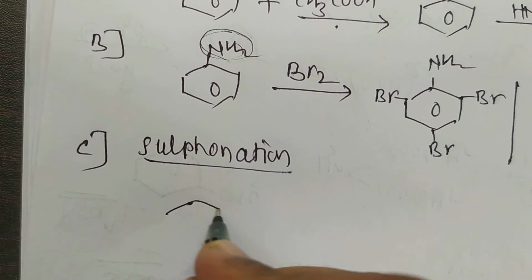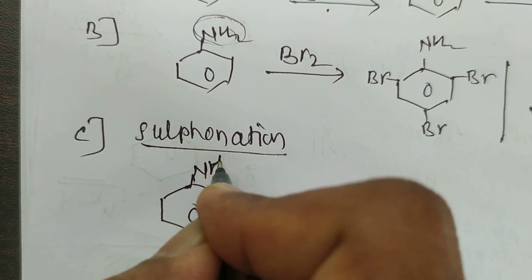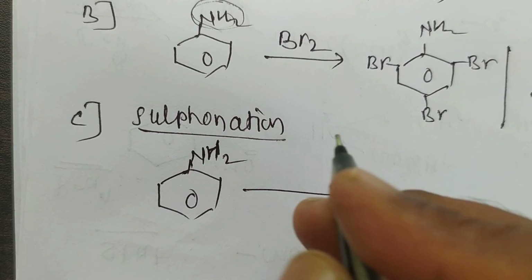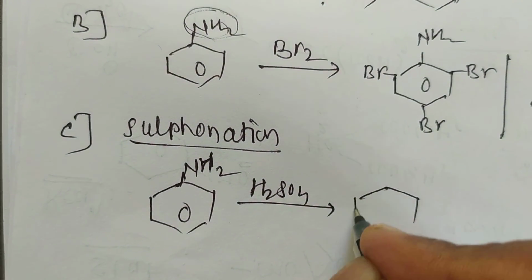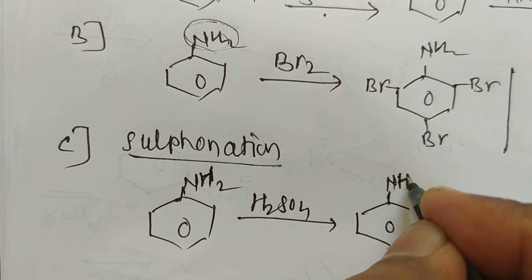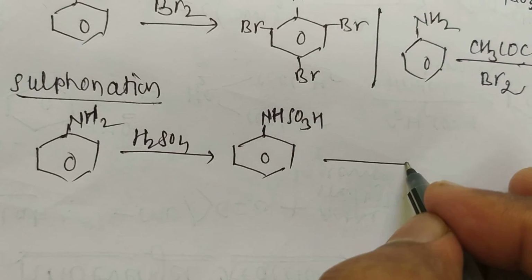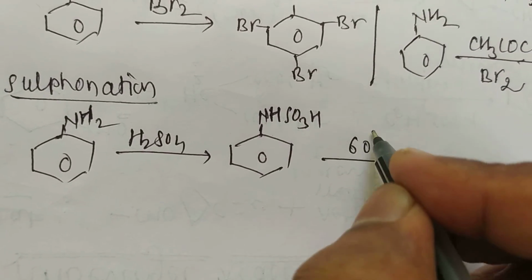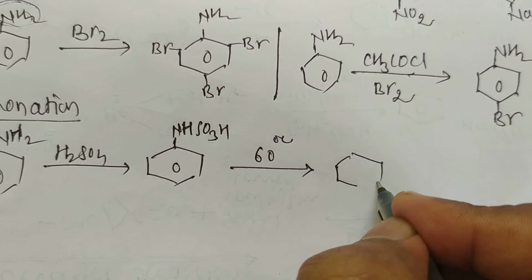Means suppose this is aniline, and when it is reacted with sulfuric acid, then we can obtain NHSO3H. And when it is heated at 60 degrees Celsius, then we can obtain the ortho product.